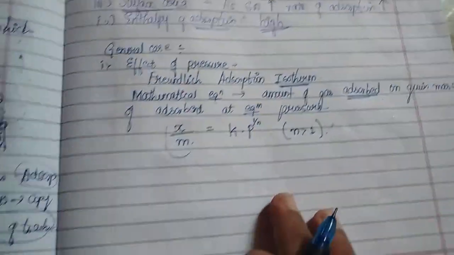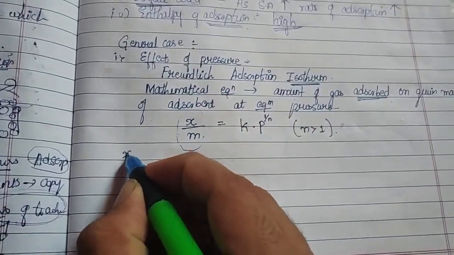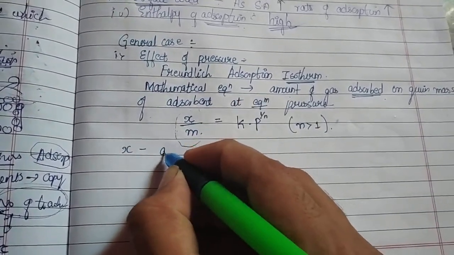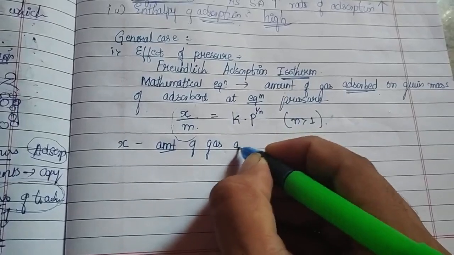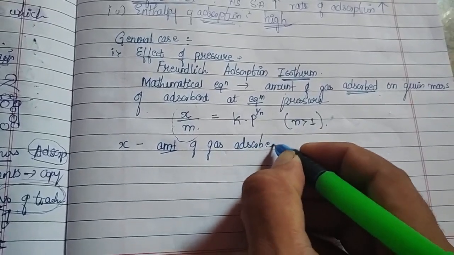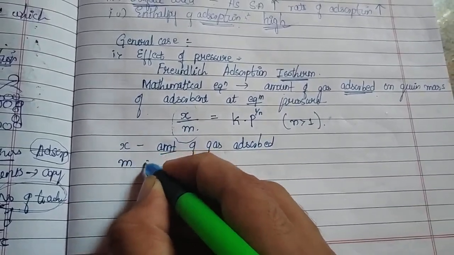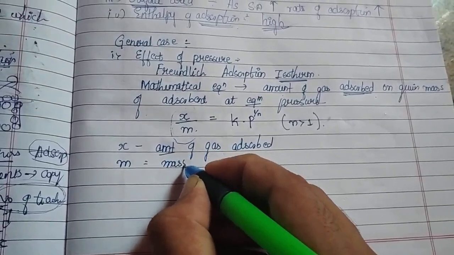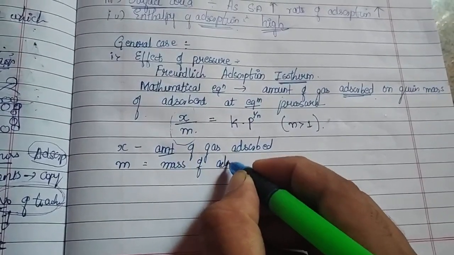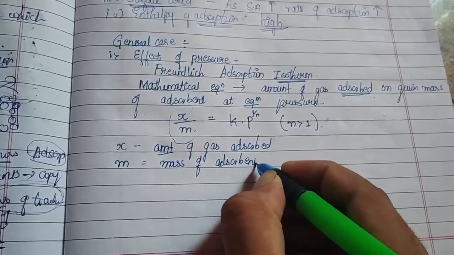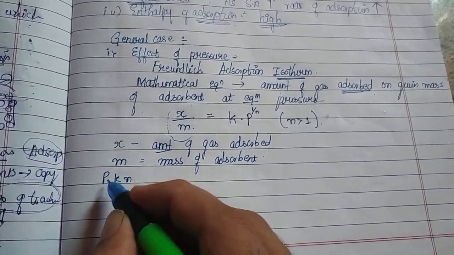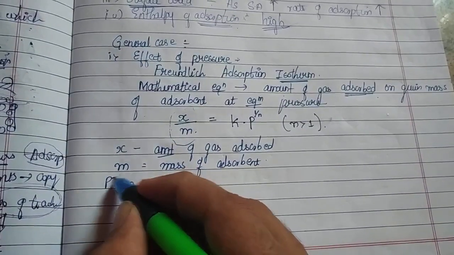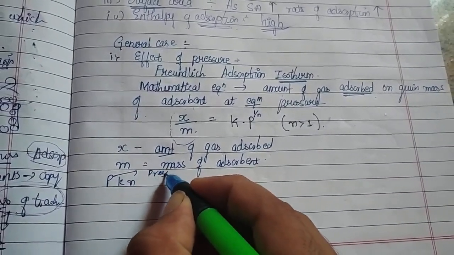Now let us see what this means. As mentioned earlier, x is the amount of gas adsorbed, m is the mass of the adsorbent, and P is the pressure.